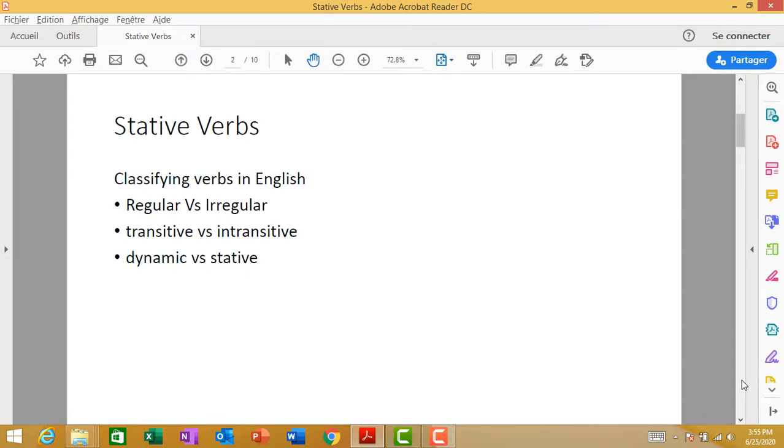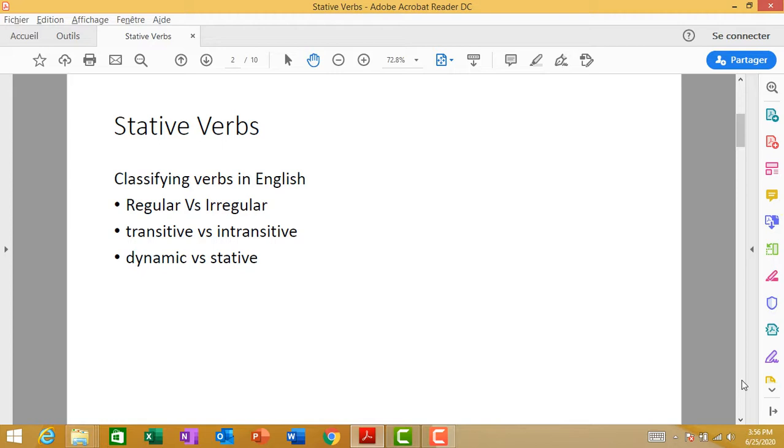But before we get into that, how do we normally classify verbs in English? You know that we classify verbs according to whether they are regular or irregular. We also consider the fact that they can be transitive and intransitive. Now, today we're going to talk about the fact that they can be dynamic or stative.